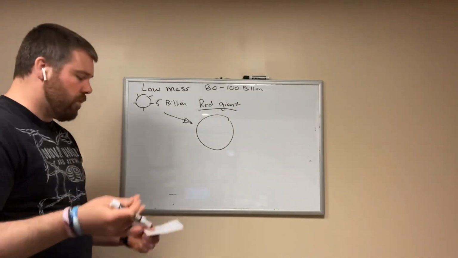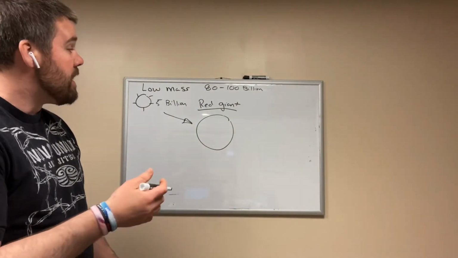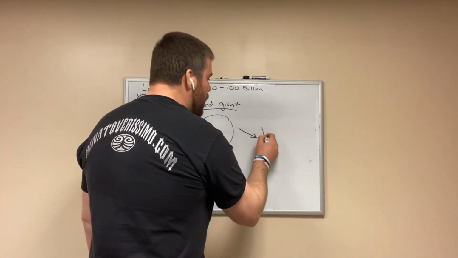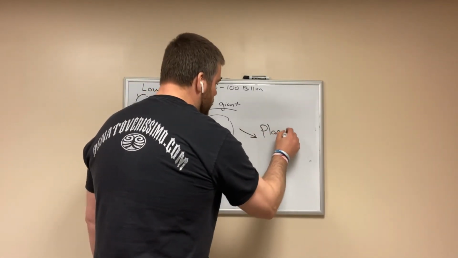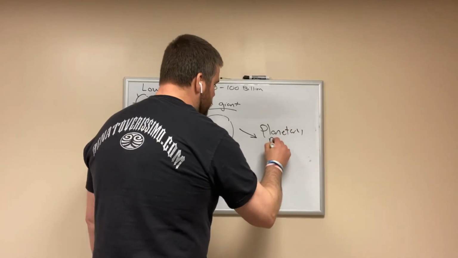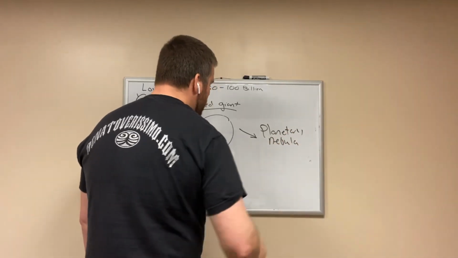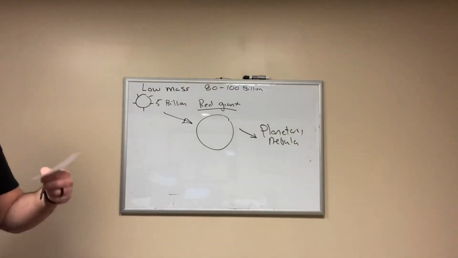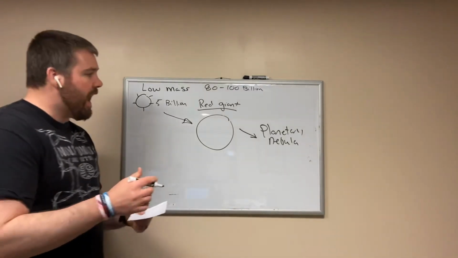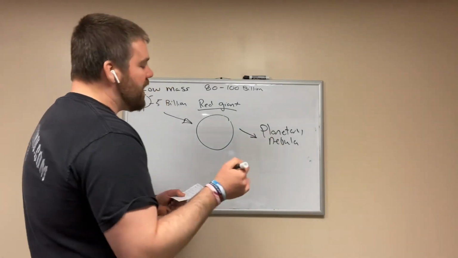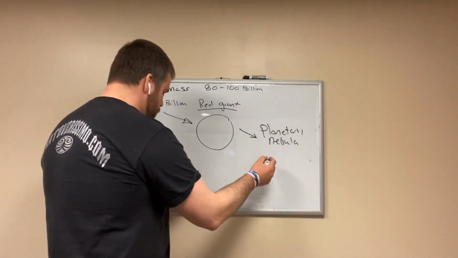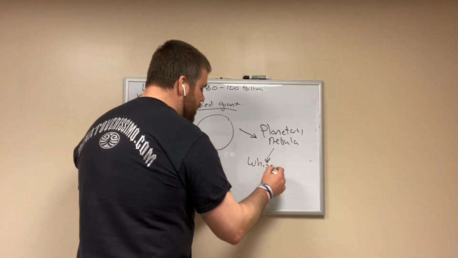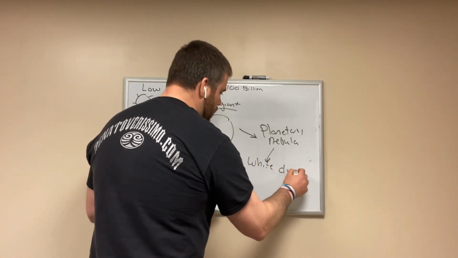Now the red giant will fizzle out and become what we call a planetary nebula, all that gas and stuff. From a planetary nebula, it goes into what we call a white dwarf. I'm going to draw a picture here.